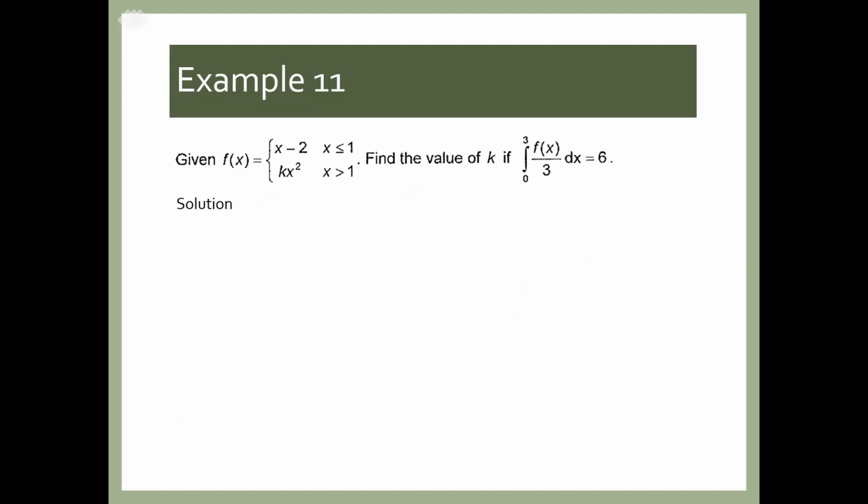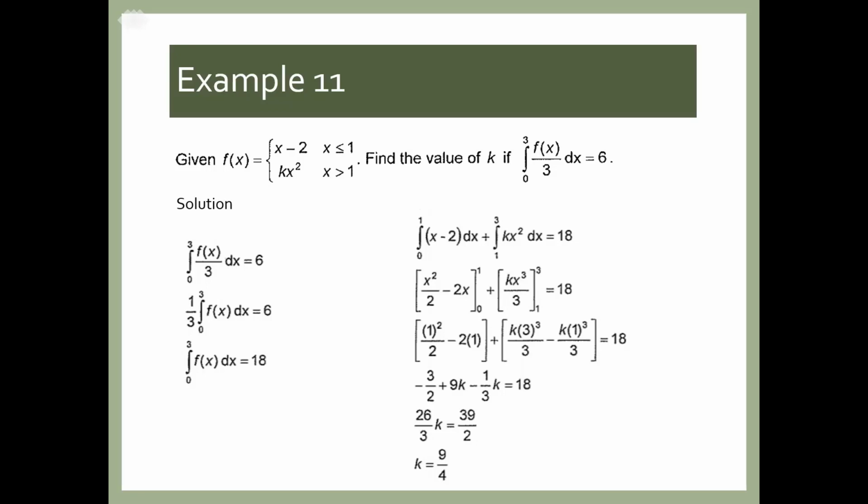Refer to example 11. You need to find the value of k for the given integral. Given that the answer for the integral of f(x) over 3 dx from 0 to 3 is equal to 6, simplify this, you will obtain the answer for the integral of f(x) from 0 to 3 is equal to 18. Given that, for x less than or equal to 1, the function is defined as x minus 2, and for x greater than 1, the function is defined as kx squared.